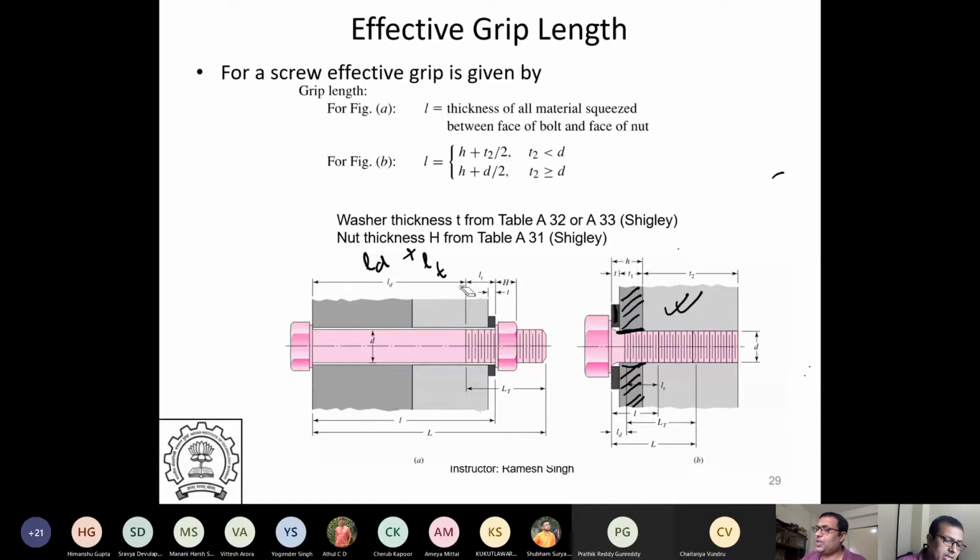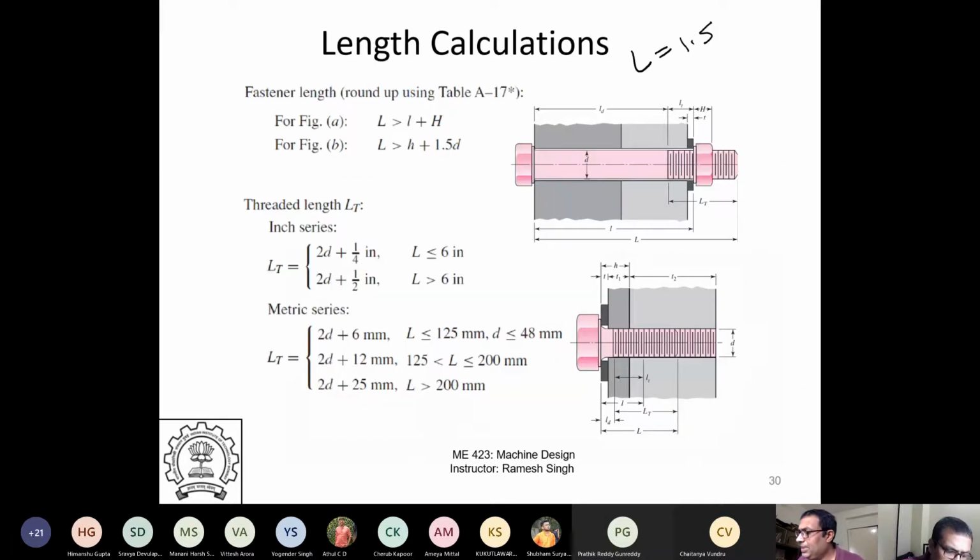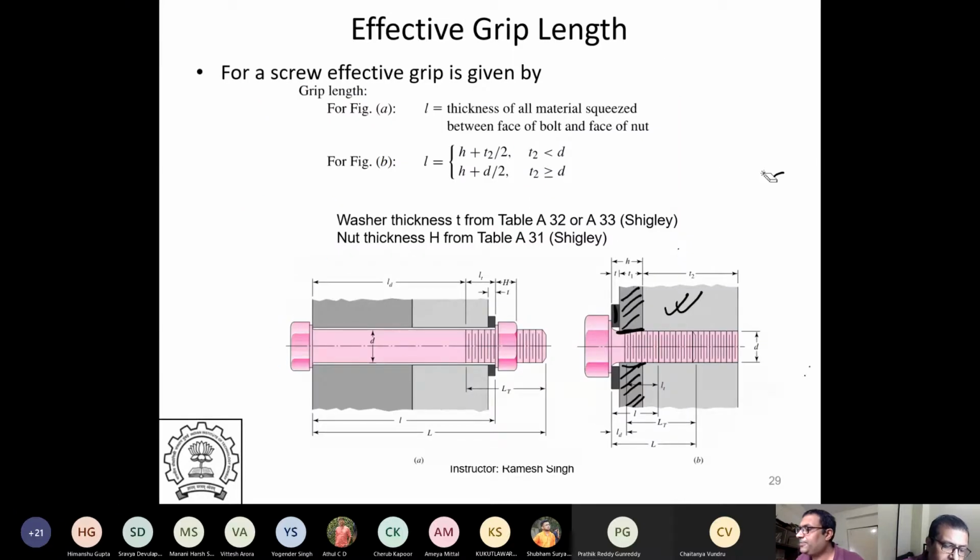So this is how you estimate the effective grip. Here it is H, the thickness of the washer and the actual plate, plus T/2 or D/2 in this case. In this case, it's very easy.